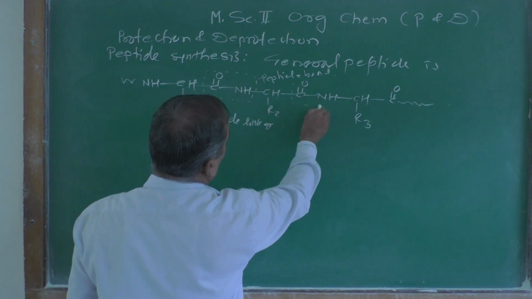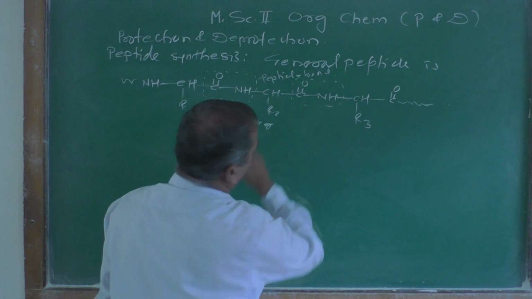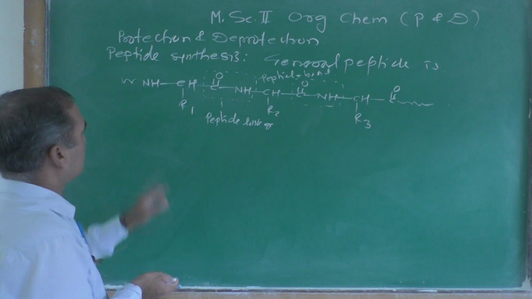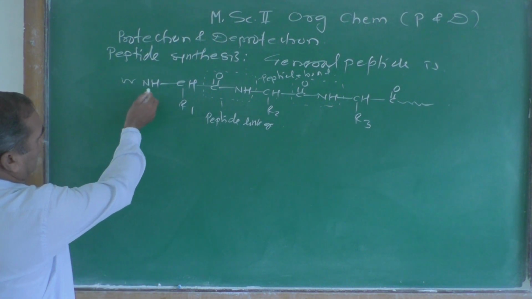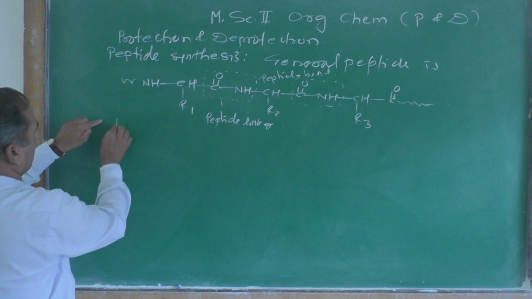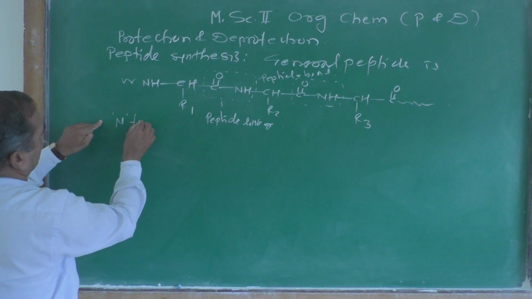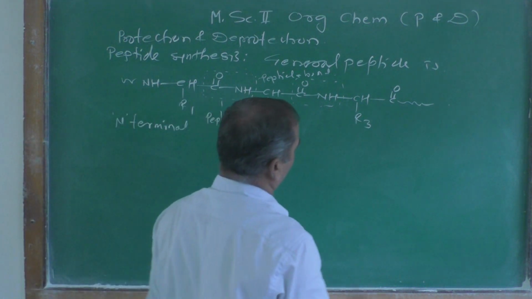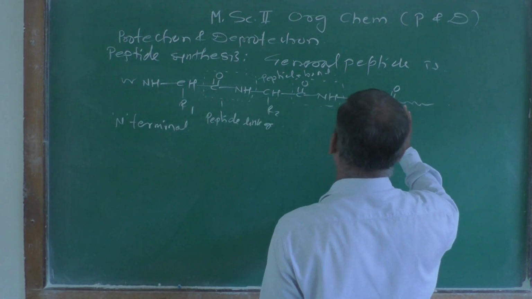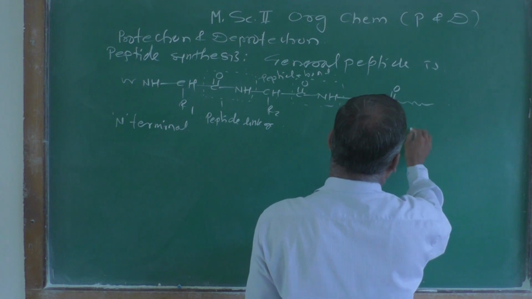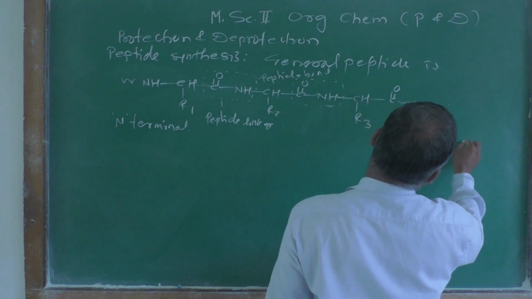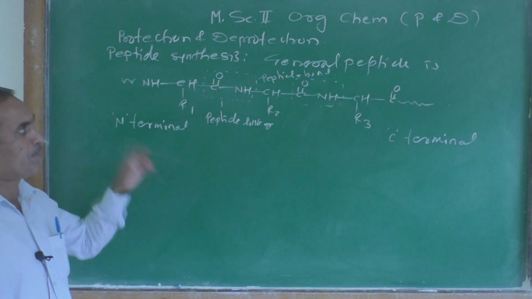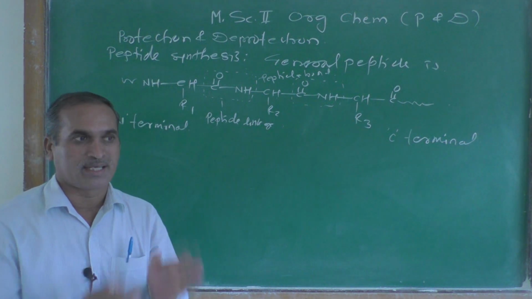Look here also, there is a C double bond O, NH group. Now, in this, what do you see? This NH end we can call the N terminal, and on the right-hand side there is a carbon atom, therefore you can call it the C terminal. So this is what the general peptide looks like.